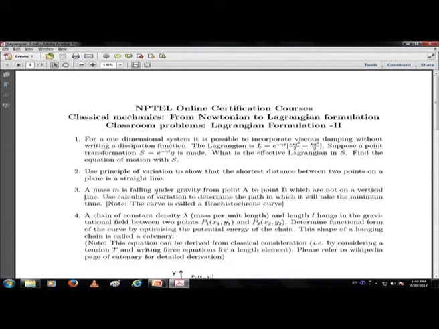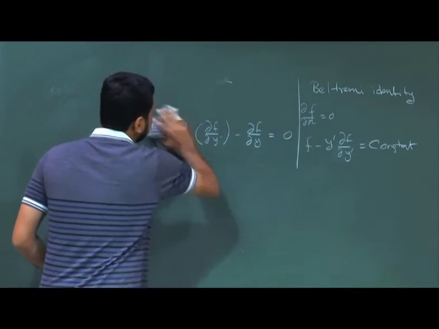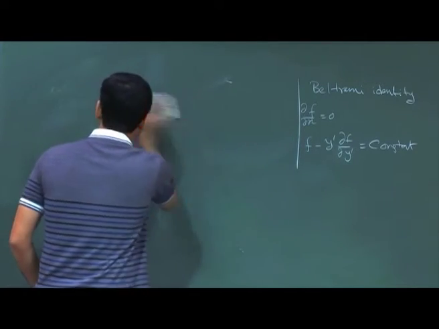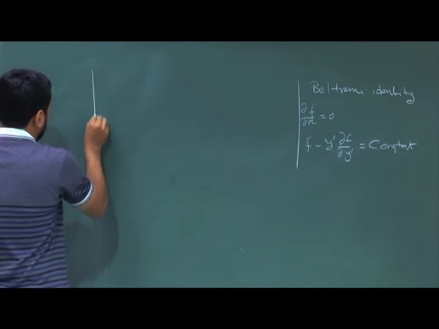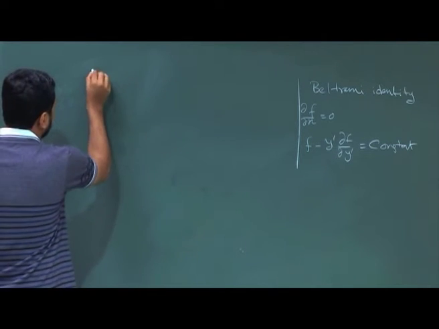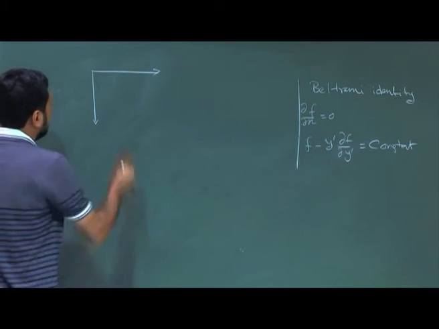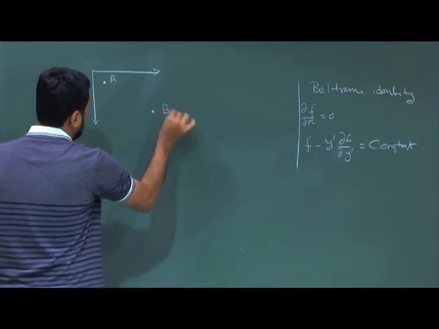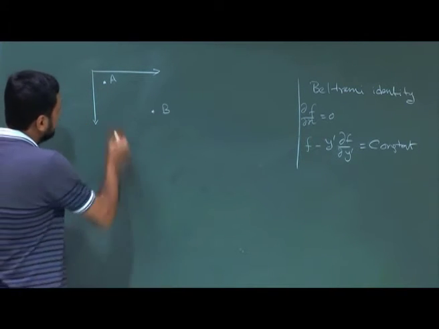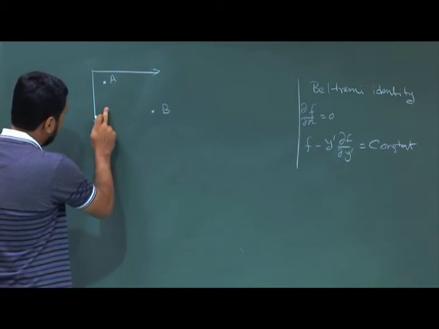Okay. So, if I try to draw a figure, it will be something like this. This is my vertical direction. We have 2 points A and B, and B is not on a vertical line.